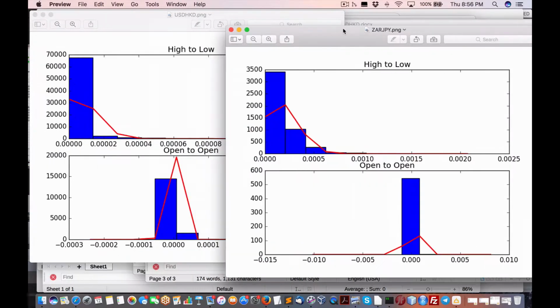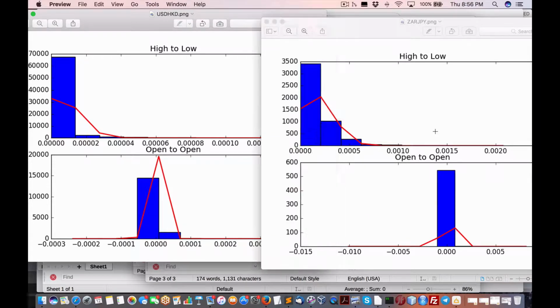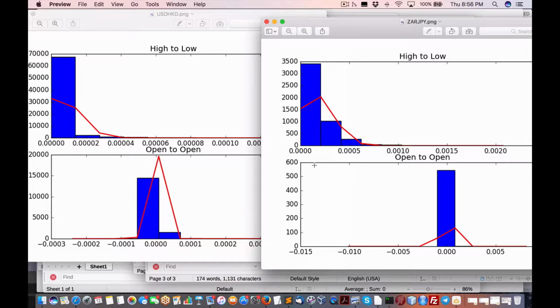Okay, so here's the two side by side. You can see here it's slightly more volatile. See here, the extremes I know are close with the fat tails, if you were to analyze it that way.